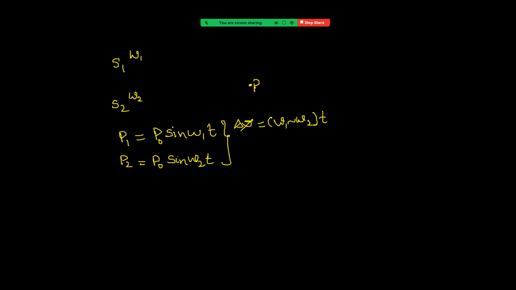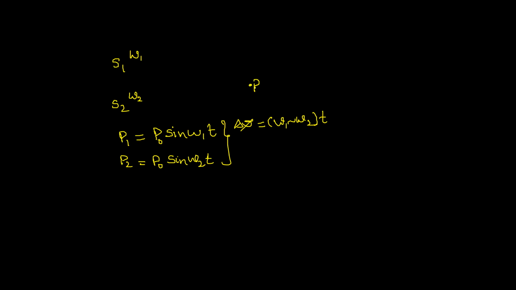That means two sound waves of slightly different frequencies, when they superimpose, we hear sound of changing intensity. Intensity changing maximum to minimum, minimum to maximum. This is what we call beats.